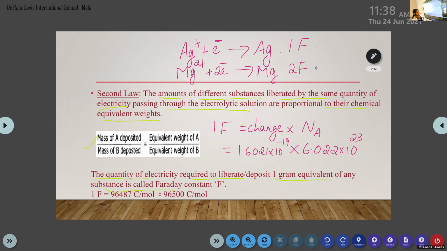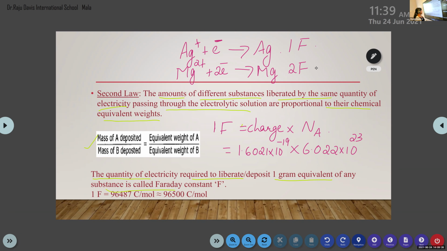Shivani, can you read this second law? Second law: the amount of different substances liberated by the same quantity of electricity passing through electrolytic solution is proportional to their chemical equivalent weight.